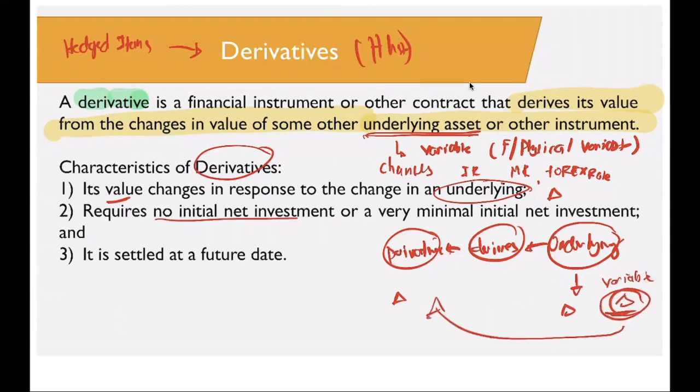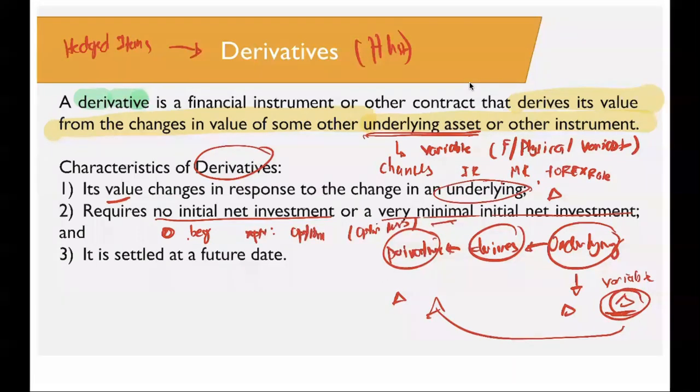Next, it requires no initial net investment or very minimal initial net investment. Generally, this is only zero. Okay, so the value of your derivative at the beginning is zero, except for options, because options have an option money, and that option money is considered as your minimal initial net investment.